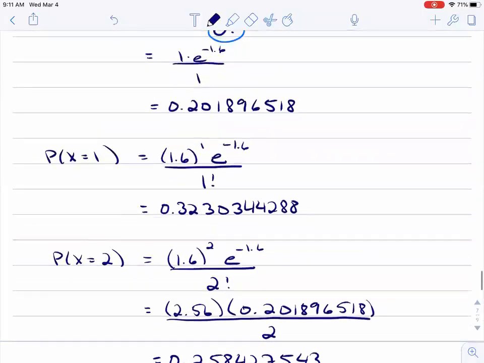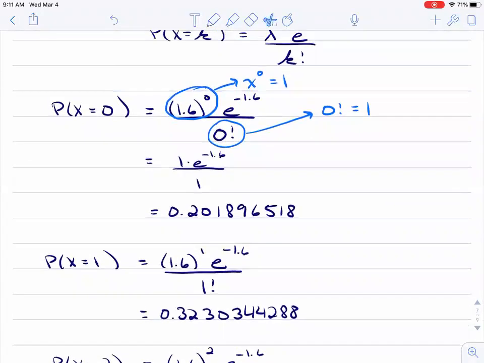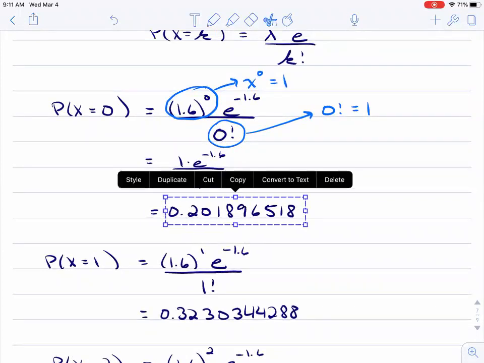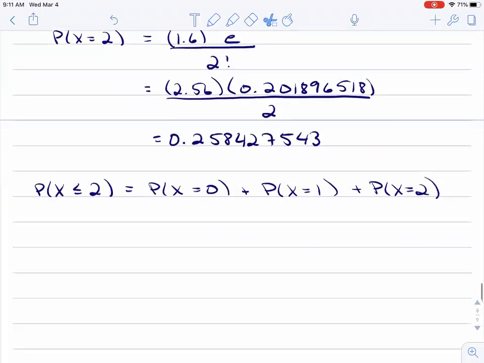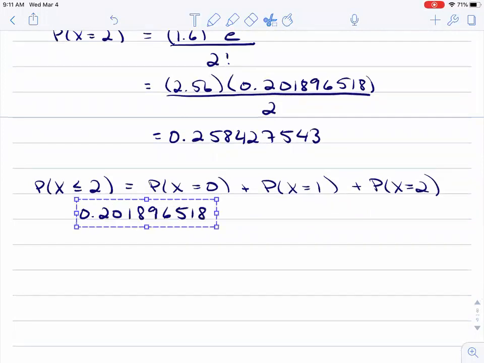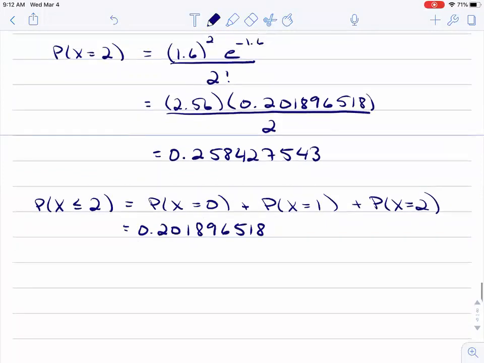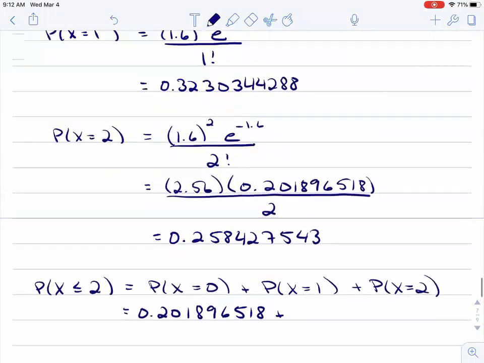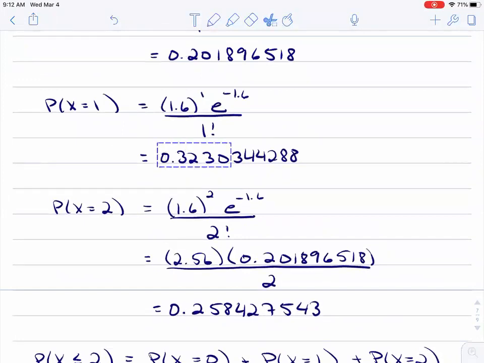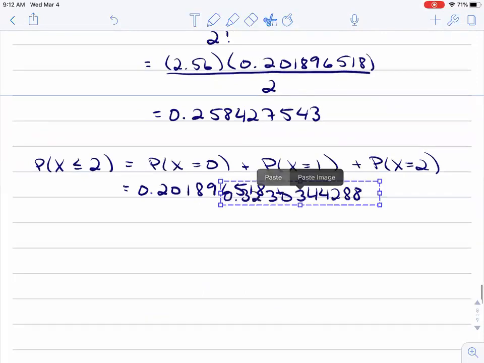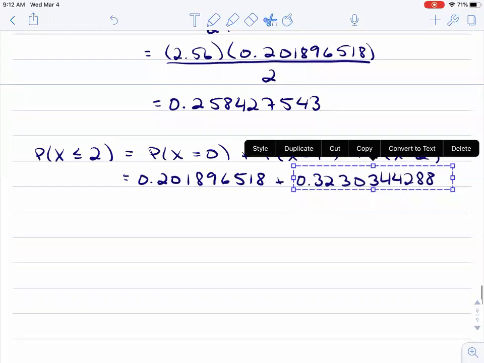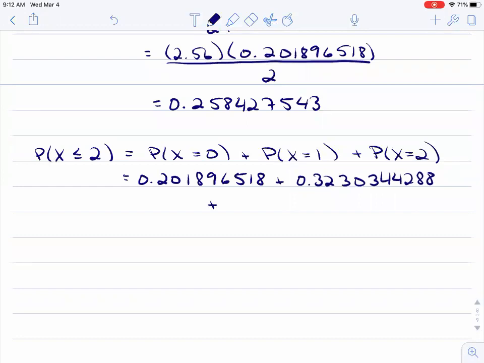If I knew how to store values on my calculator, it's still on my to-learn list, I would have probably stored these, but instead I'm going to cheat and just copy-paste so I don't screw them up. You've got them in front of you, but I have to scroll around like crazy. This one I've got 0.258427543.